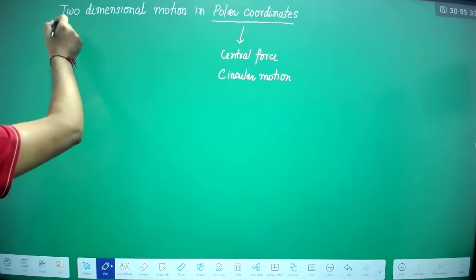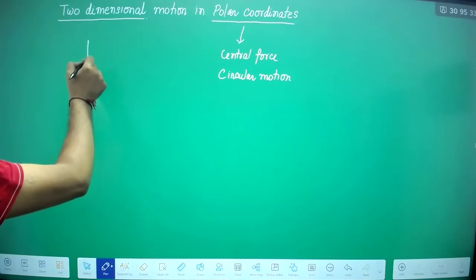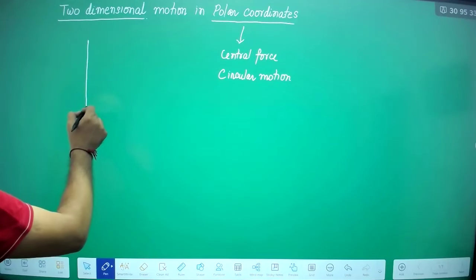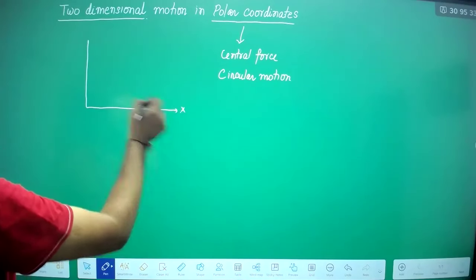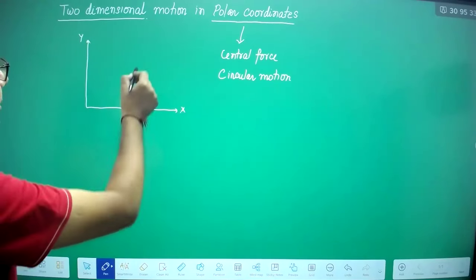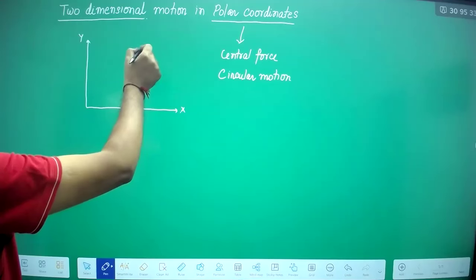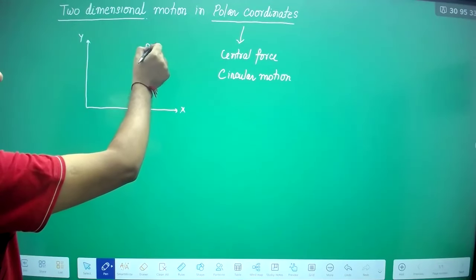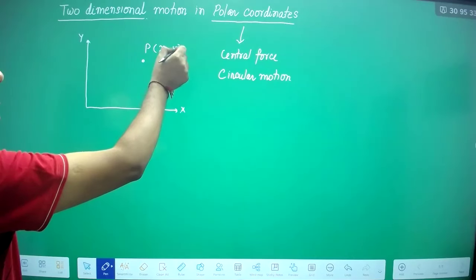Now, if you are talking about two dimensions, then in general we assume these two dimensions as the x-axis and y-axis. If you have a particle or point P here, its coordinates will be x, y. ठीक है?